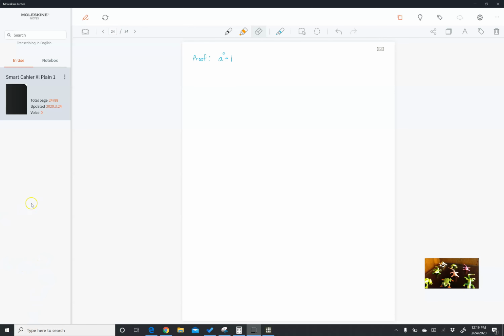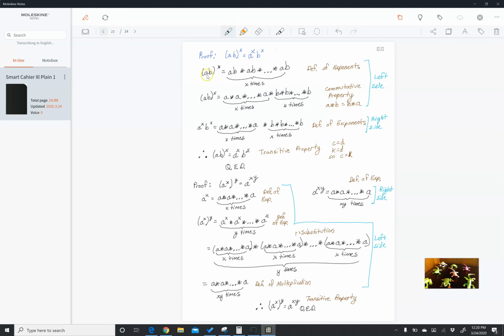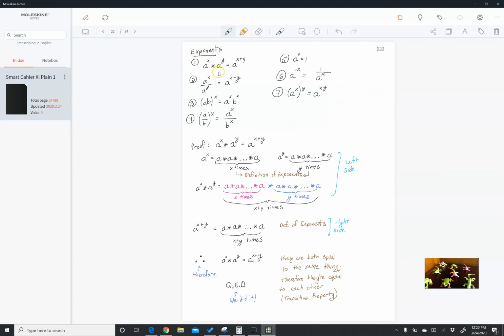I should change colors. Okay, so this is not necessarily quite as intuitive. What we're going to do is use this first property, that a to the x times a to the y equals a to the x plus y.